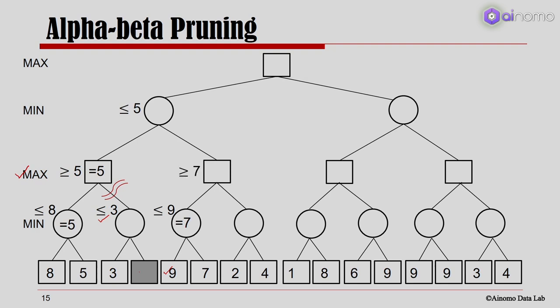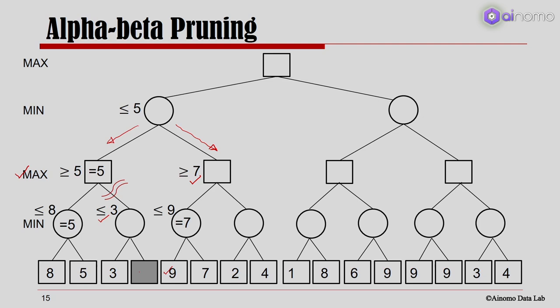This 7 is backed up, and I have the max value which is greater than or equal to 7. And now there is an interesting realization, which is that if min comes this side, it would have values which is 5. But if it follows this, arrives at this node, then all min will have are values which are greater than or equal to 7.